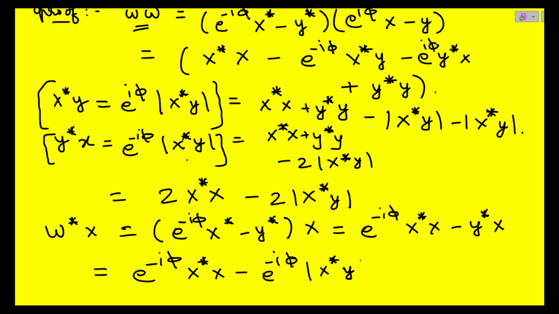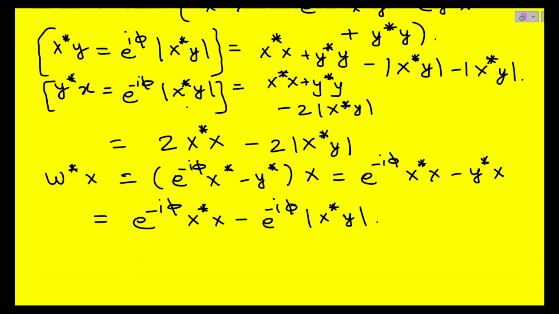That's done. So you can just substitute here, and then you can pull out e to the power minus i phi. So when you do this, what you get is x star x minus the absolute value of x star y.